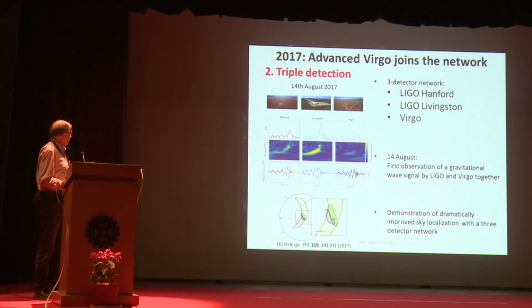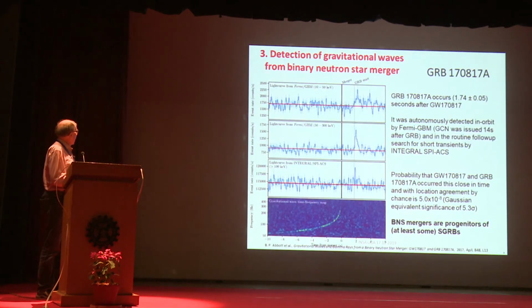So this is very important because three detectors provide a fairly accurate position in the sky where this merger originates.